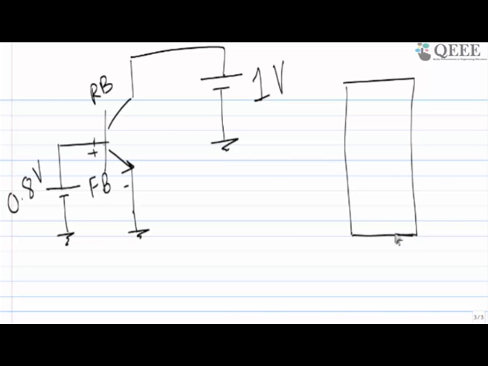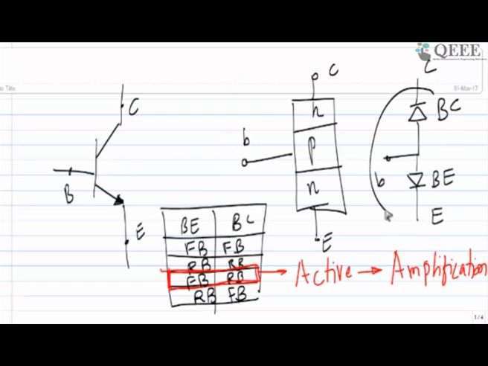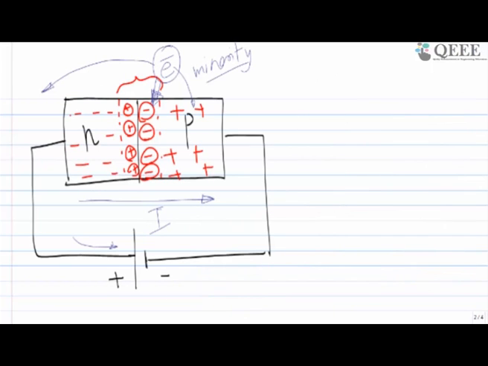NPN. But note that if we are putting just NPN, or just two diodes, it will not amplify. There is some different modification we have to make so that my BJT will amplify.